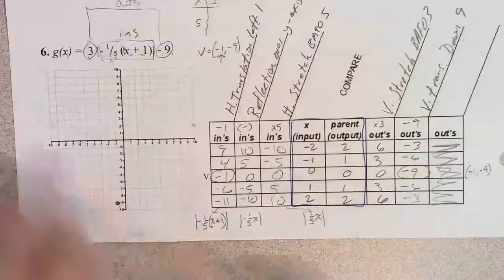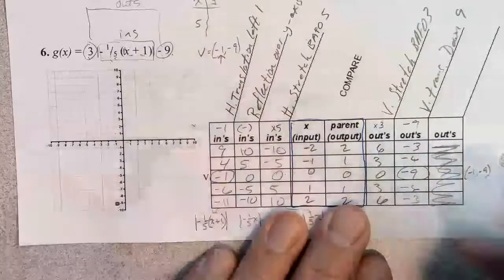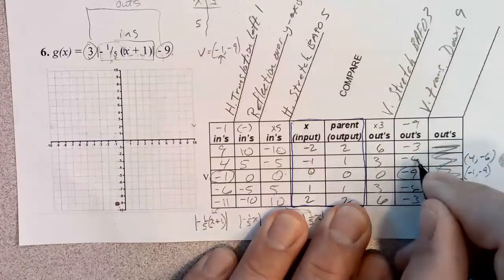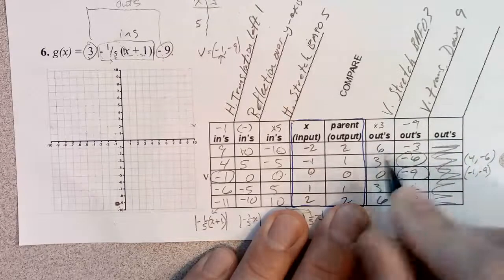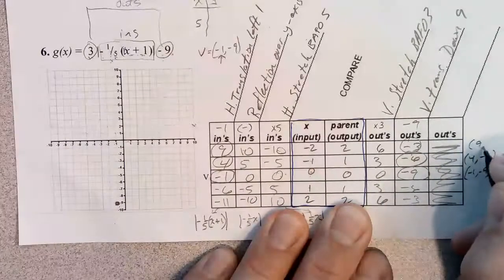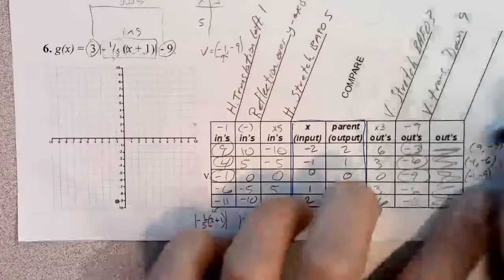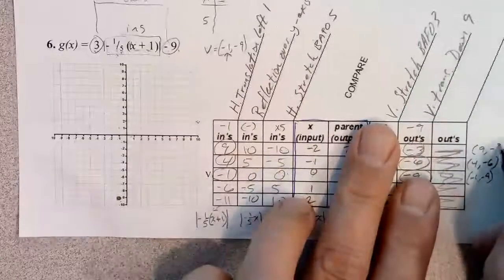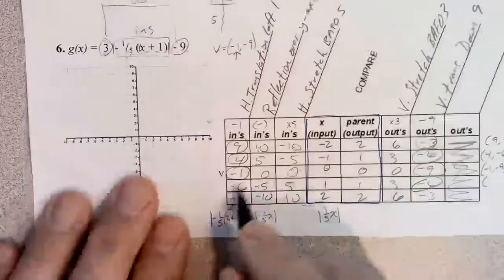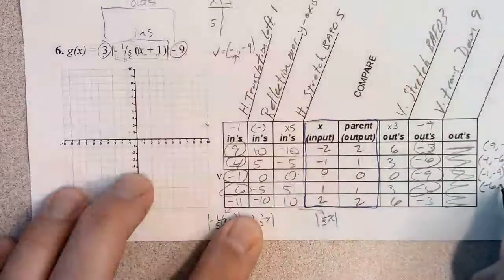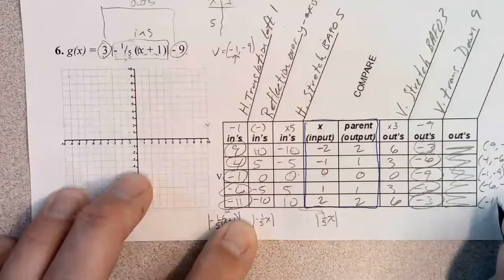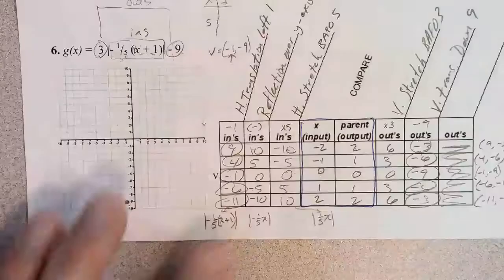That's our HK value. We have our 4, -6. We have our 9, -3. And -11, -3, which won't fit on our graph, but there it is.